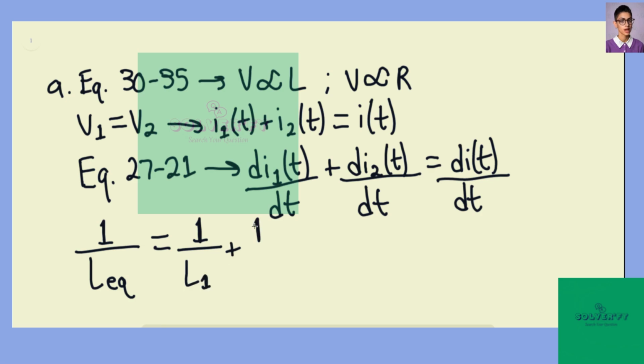So we can say that 1 over the equivalent inductance would be equal to 1 over the inductance sub 1 plus 1 over the inductance sub 2. So essentially, this is how we would prove it.